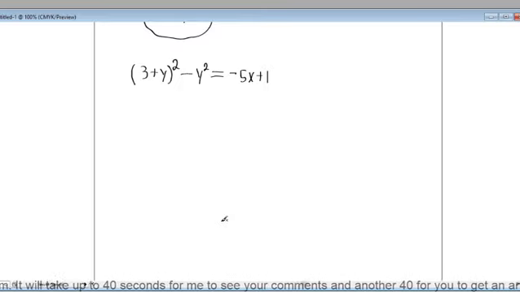So, variables to one side, constants to the other. And the first thing we need to do is simplify anywhere that we can.